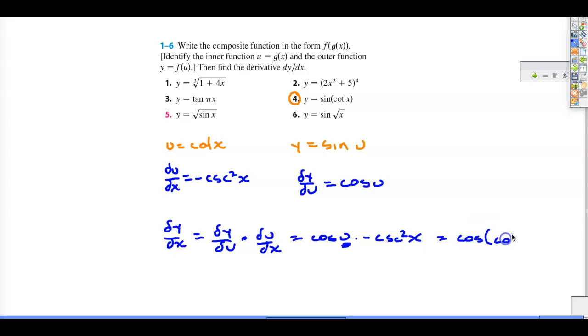U was cotangent x, and then this is going to be a negative times a cosecant squared x. And if we don't follow these directions, then we will be penalized. So it's just showing you that there are 3 different approaches to find the derivative of a composite function here.